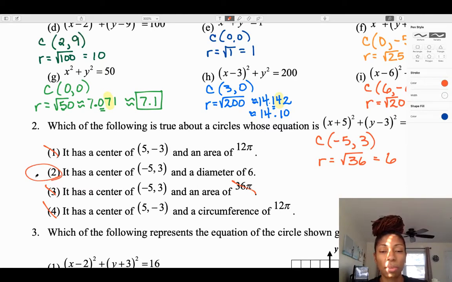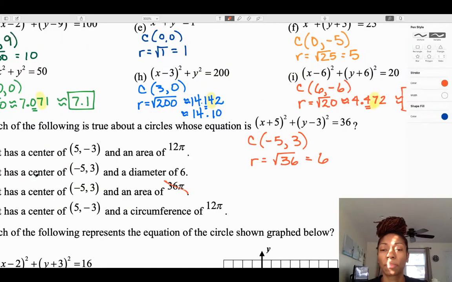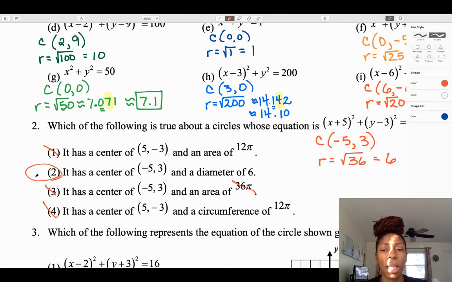Oh, wait. The diameter of 6. That's not true. The radius is 6. So if the radius is 6, the diameter is 12.